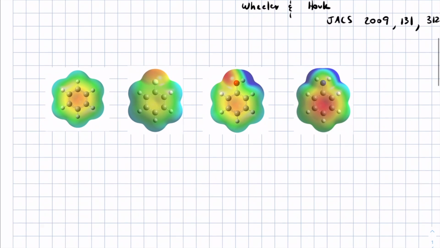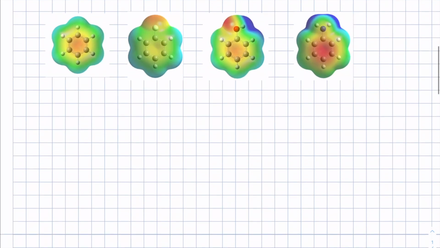And so occasionally in proteins, you're going to see what people call anion-pi interactions. And it seems kind of a little bit deceptive because actually the pi system of the ring isn't involved. It's just an interaction between an anion and the electron poor edge of a ring.